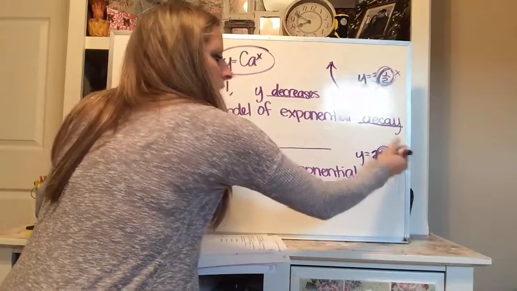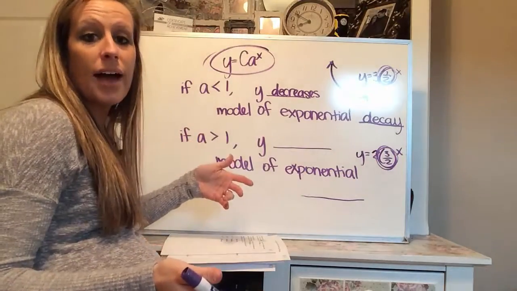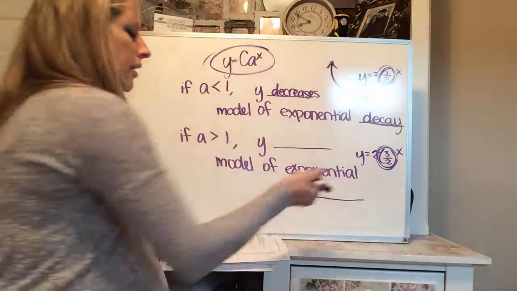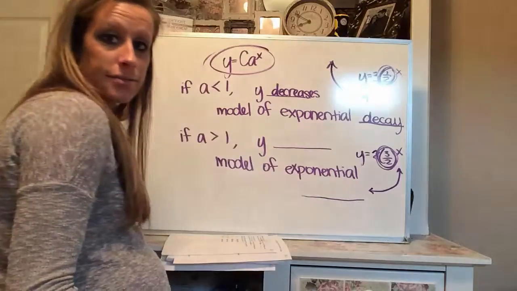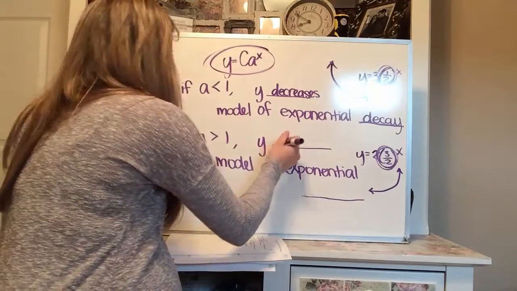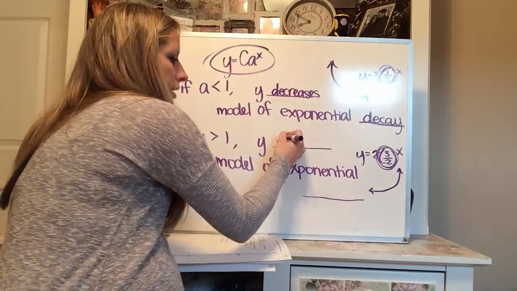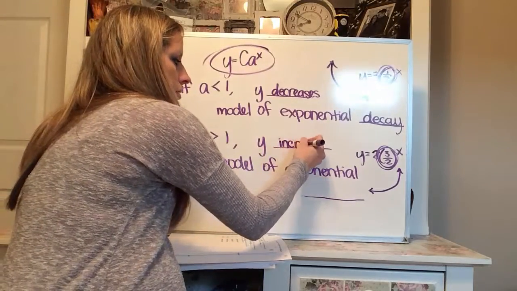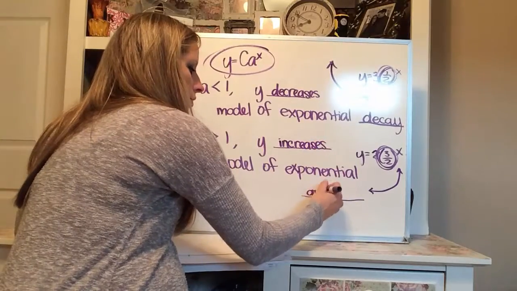You see how my base this time, if I were to put that as a decimal, would be 1.5. It'd be greater than 1, and I had a graph where the y was increasing, right? So if your base is greater than 1, your y increases, and this is called exponential growth.